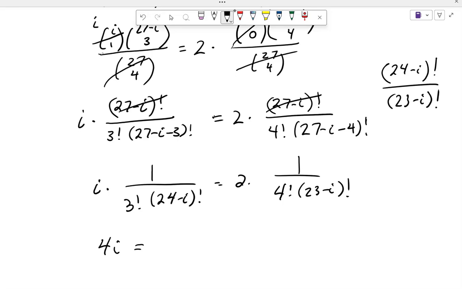What's that going to simplify to? 24 minus I, right? Because remember, factorial, you start here and you start subtracting by 1 each time. Well, if I subtract 1 off there, I get what's on the denominator, don't I? And then they're all going to cancel. So on the right-hand side, you'll have 2 times 24 minus I. That's a lot easier equation to solve, isn't it?